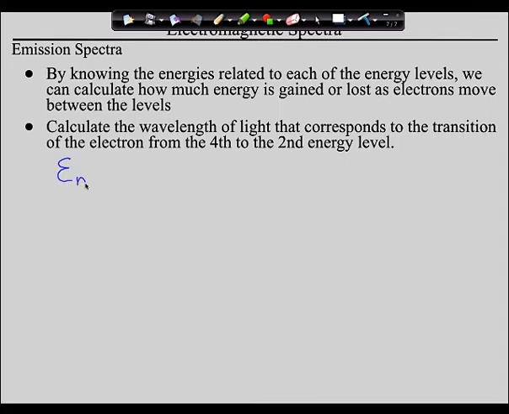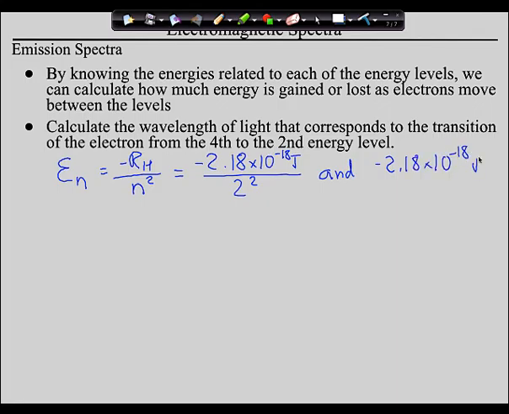E sub n is equal to negative R sub h divided by n squared, which is negative 2.18 times 10 to the negative 18th joules divided by 2 squared, and negative 2.18 times 10 to the negative 18th joules divided by 4 squared.